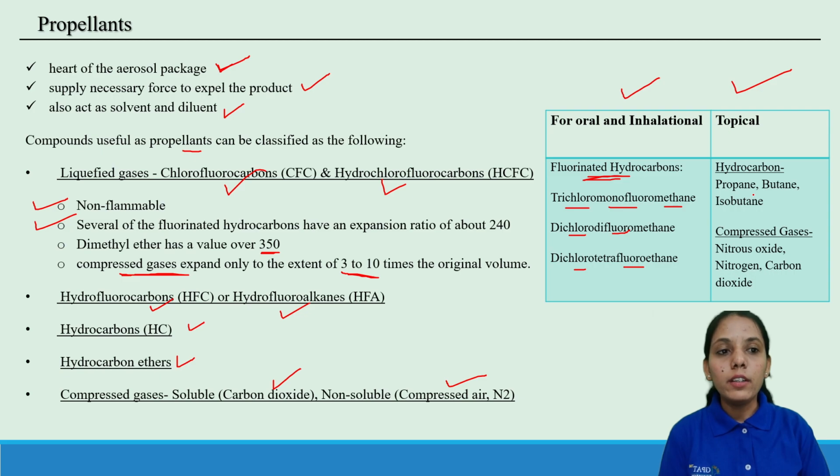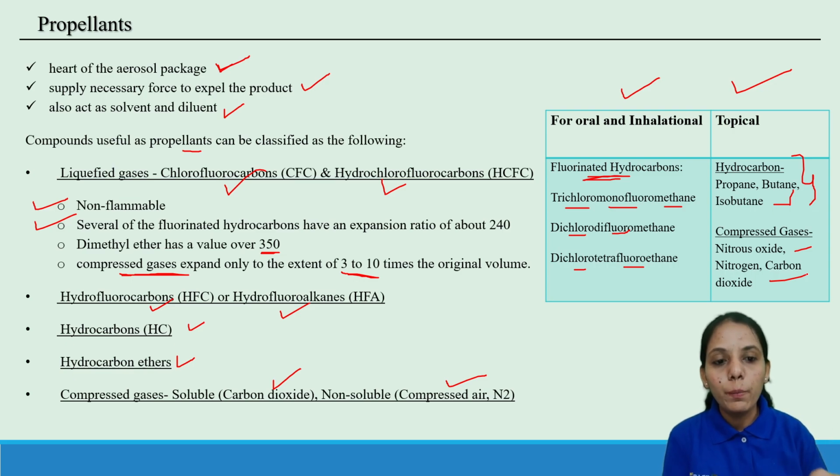Next is topical. For the topical, hydrocarbons. Simple hydrocarbons like propane, butane, and isobutane. Butane and isobutane are isomers of each other. Next is compressed gases. They are also used for topical aerosol, like nitrous oxide, nitrogen, and carbon dioxide.